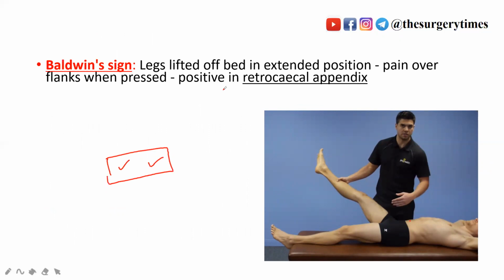As shown in the picture, the leg is lifted in extended position, and there is pain over the flank when pressed. Leg extended, pressure over the right flank. If pain is present, it indicates acute appendicitis, and basically it is positive in case of retrocecal appendix inflammation.